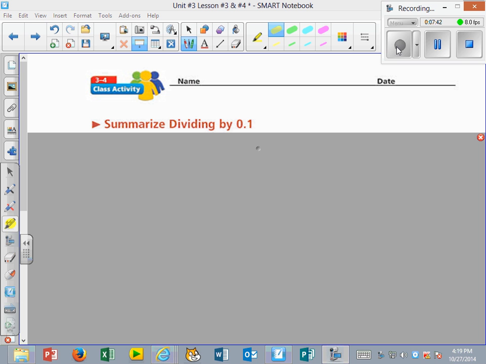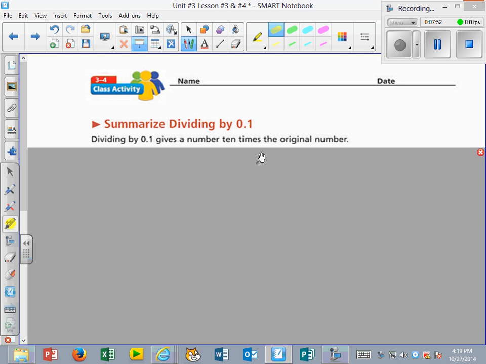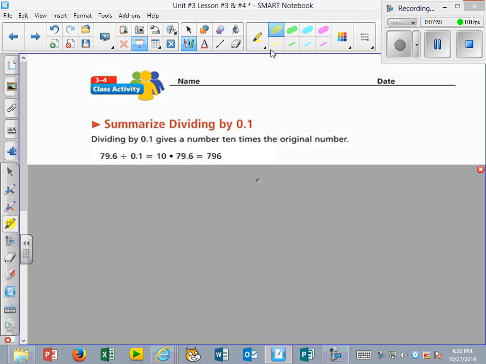All right, let's continue on to Unit 3, Lesson 4. Summarize dividing by 0.1. It says dividing again by 0.1 gives a number 10 times the original number. So for example, and this is what I'd like you to copy down, summarize dividing by 0.1. 79.6 divided by 0.1 is the same as taking 10 times 79.6, 796.